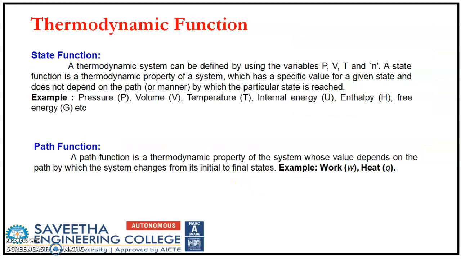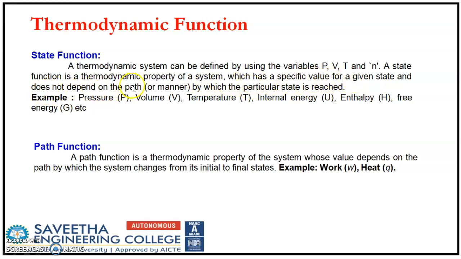And the next is thermodynamic functions. There are two types of functions: one is the state function and the other is the path function. A thermodynamic system can be defined by using the variables pressure, volume, temperature, and number of moles. A state function is a thermodynamic property of a system which has a specific value for a given state.